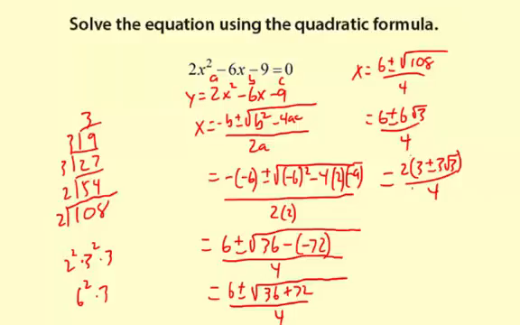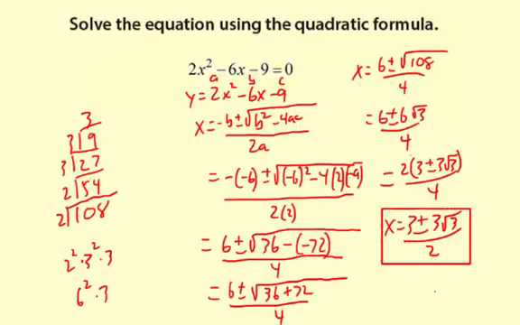So just try to do this extra step, make sure you're not making a mistake here. So now x equals 3 plus or minus 3 square roots of 3, all over 2. Now this is a simplified exact answer for a solution to the equation.